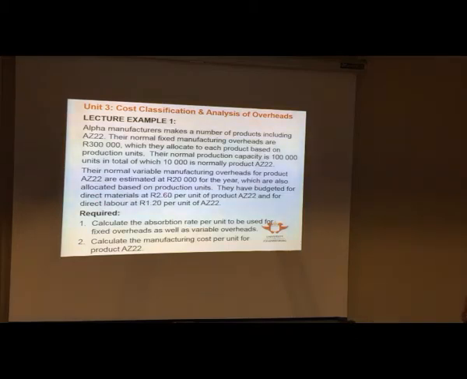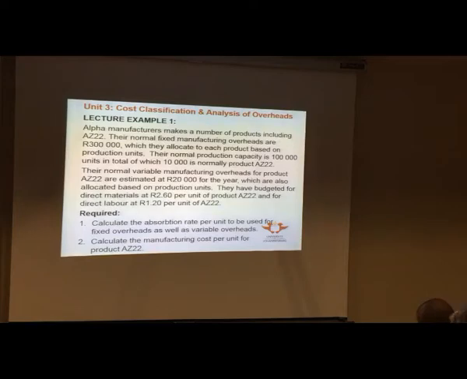So now you go the opposite way around. 2 Rand 60 times 10,000 units will give you your total direct materials, and 1 Rand 20 times 10,000 units will give you your total direct labor. Your direct materials per unit is 2 Rand 60.